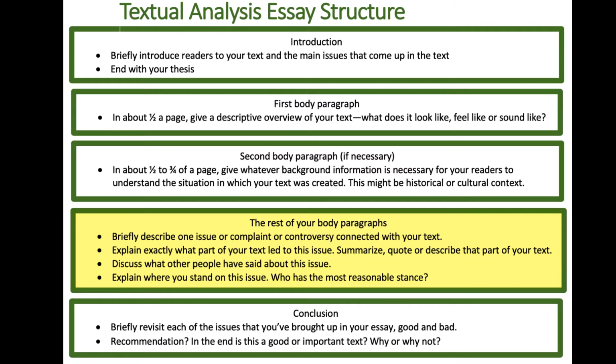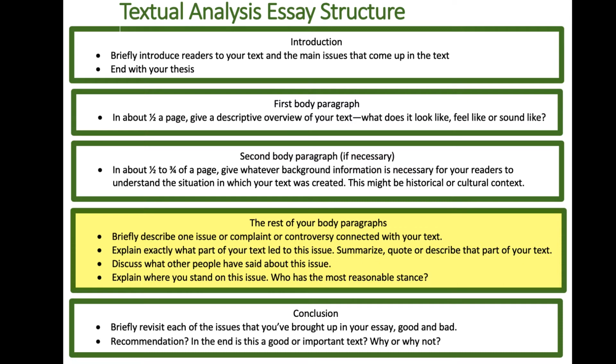Then you briefly describe, summarize, quote the part of your text that includes that issue. And then you tell us what other people have said about the issue. You end those body paragraphs talking about your stance.